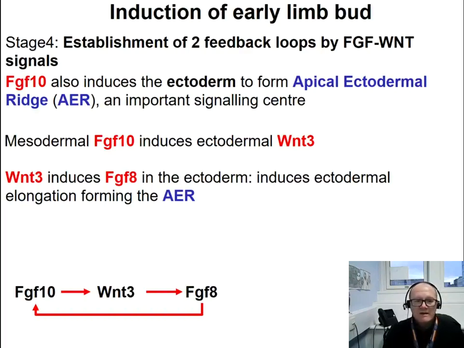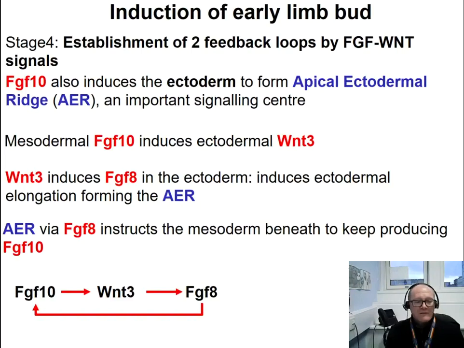And these two signals make the cells change in shape. They become more elongated. The region becomes thicker, and this defines anatomically the apical ectodermal ridge. One thing that is important to remember at this point is that the FGF8 produced by the apical ectodermal ridge cells diffuses to the mesodermal cells below them, and sustains the expression of FGF10.